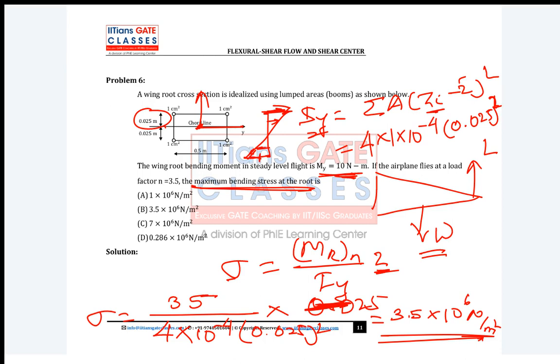No. This weight is not the weight of the aircraft. It is wing plus fuel weight, right? But when you see such questions, you have to put your entire weight on the centroid of the aircraft and then solve. If you do this, you can't solve this question.